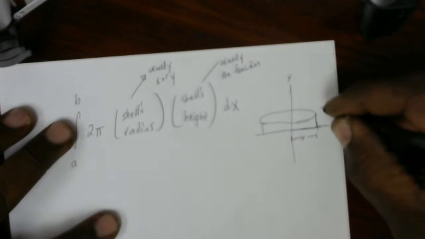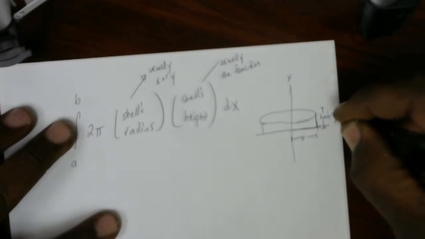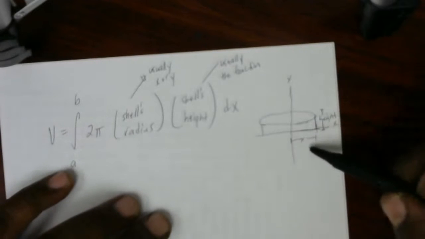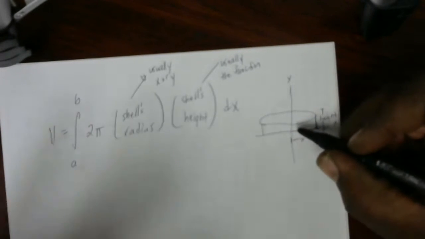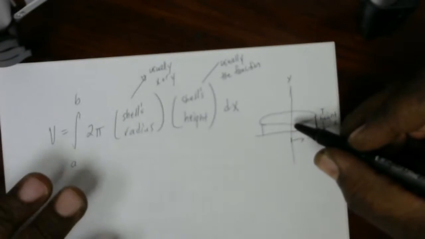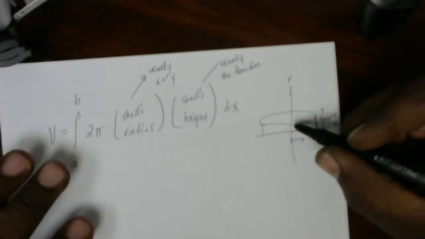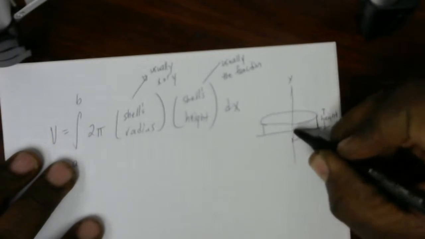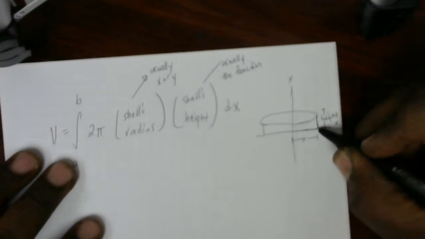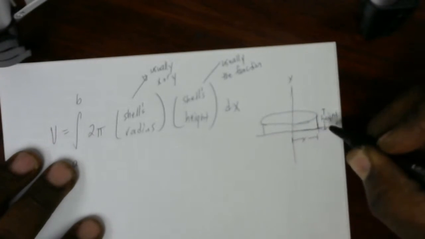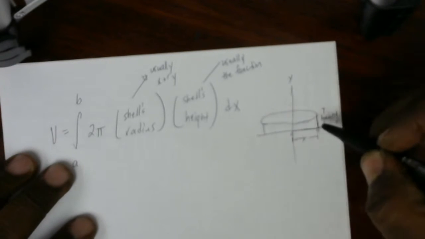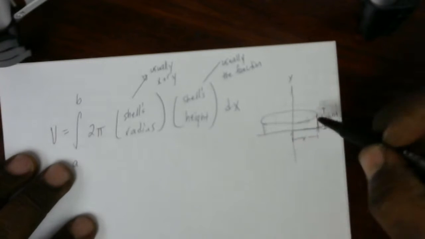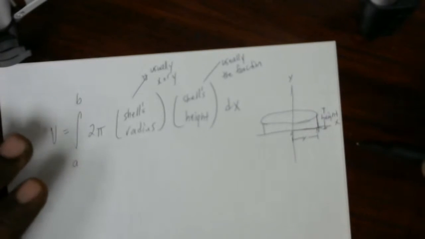So this is the height, which is generally the function. What we're actually doing is finding the area for each shell from 0 to x, or in this case from a to b. We're finding all of those areas and adding them up, and that gives us a volume.